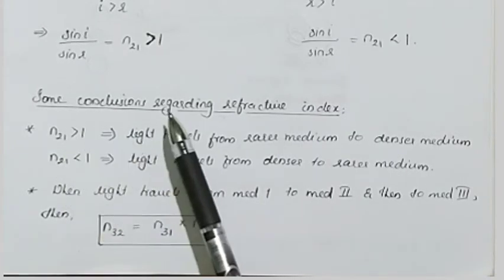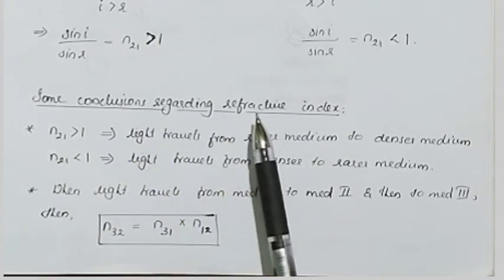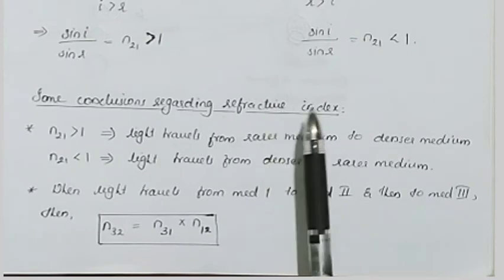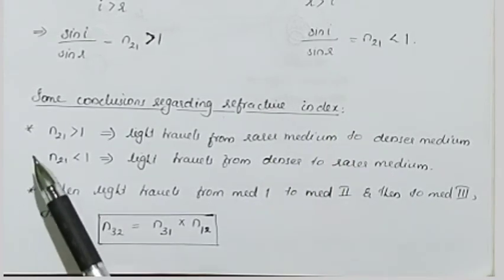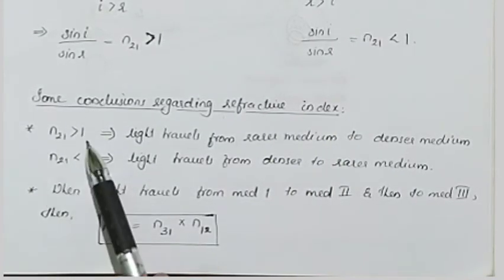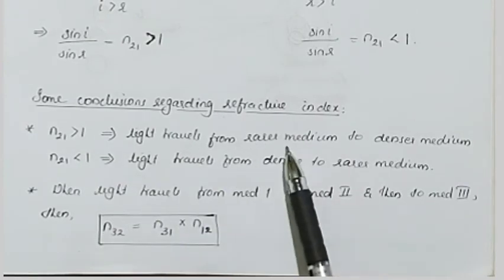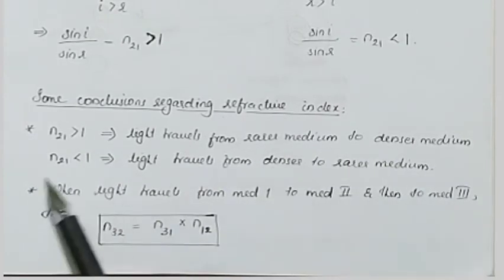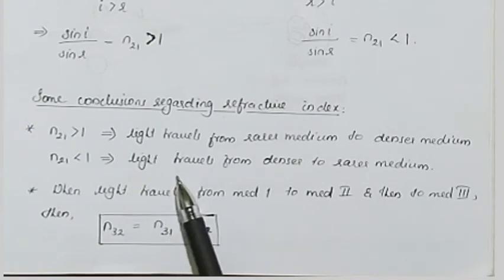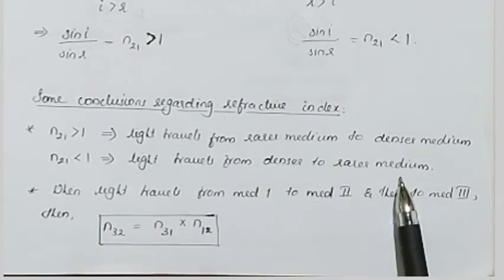So, these are some conclusions that we obtain on analyzing the refractive index for a given pair of media. If the refractive index is greater than 1, then light travels from a rarer medium to a denser medium, and if it is less than 1, then light travels from a denser medium to a rarer medium.